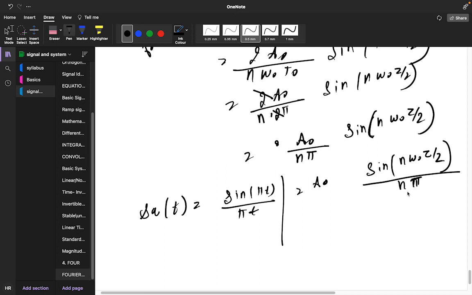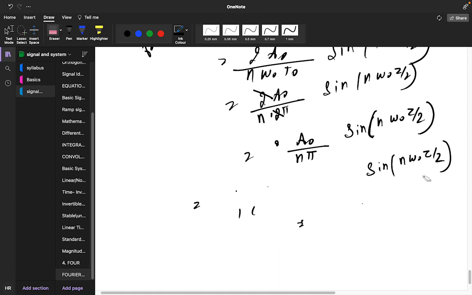Even if we want to break this, sine of n omega naught, 2 pi f, we can write 2 pi f naught, or leave it like this only. Okay, we will convert this into the sampling signal later.